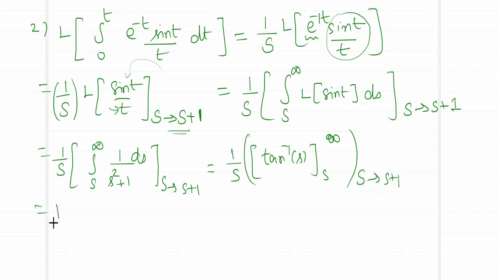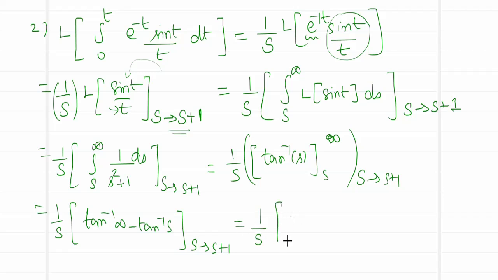So this gives me 1 by s, tan inverse infinity minus tan inverse of s, with s moving to s plus 1. So it gives me 1 by s times, tan inverse infinity is going to be pi by 2, and 90 minus theta will give me cot inverse of s, with s moving to s plus 1. So now where is our s? Here is our s.